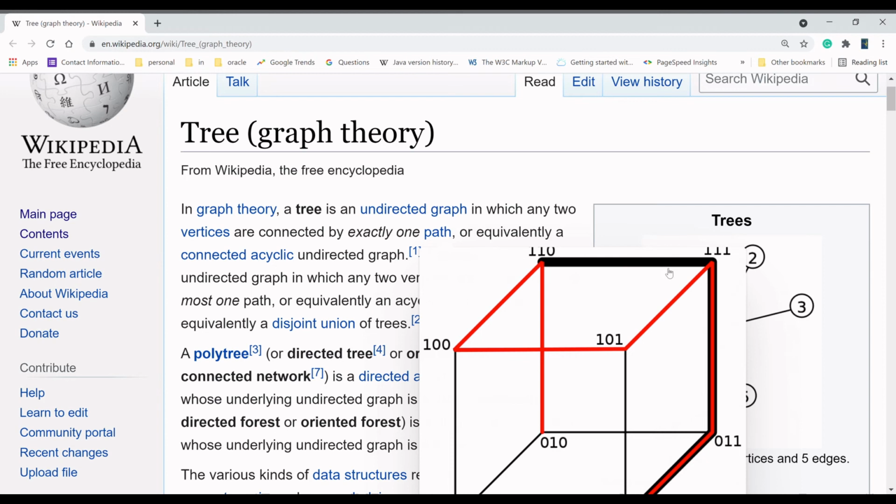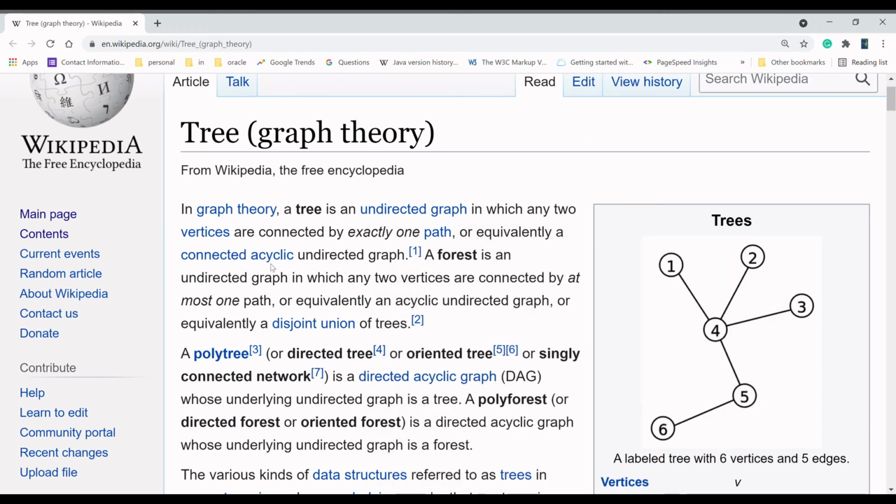Like this, the coordinates are 100, 101, 010, 011, 111, 110. These are the vertices of a cube, and the cube connects one vertex to another via an edge.